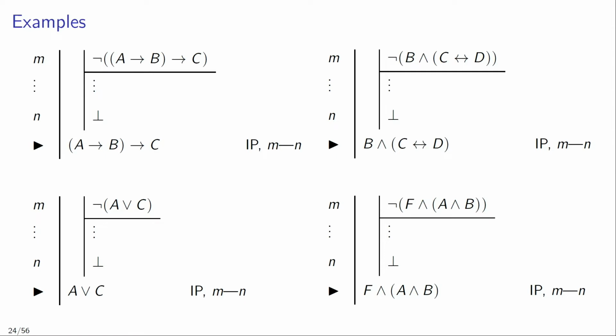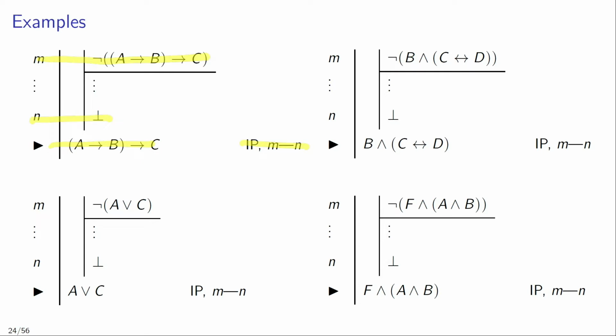Let's start in the top left corner. If the supposition that it is not the case that if A then B then C leads to a contradiction, then you can infer that if A then B then C, and justify this inference by citing indirect proof as applied to the subproof from m to n.